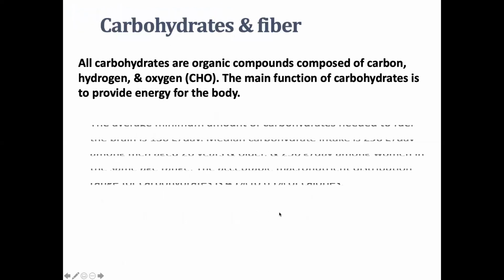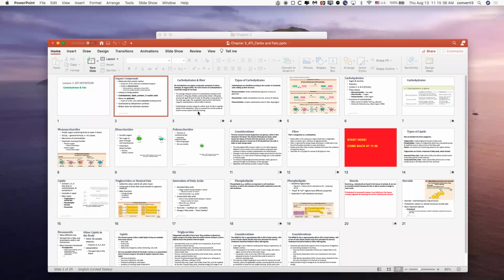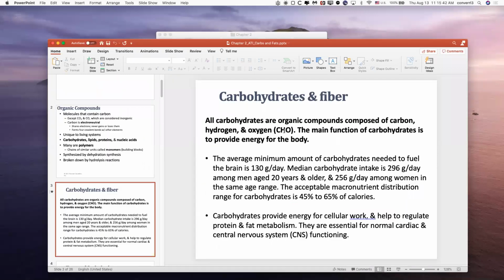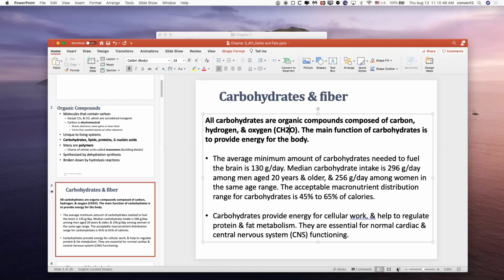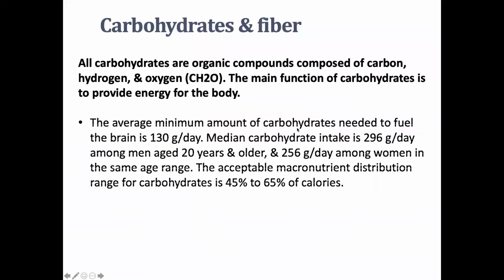So all carbohydrates, actually, let me correct this real quick because I want this to be right here. It should be CH2O. There we go. So all carbohydrates have a chemical ratio, CH2O, where the number of carbons and oxygens are the same in the carbohydrate, and there's twice the number of hydrogens.